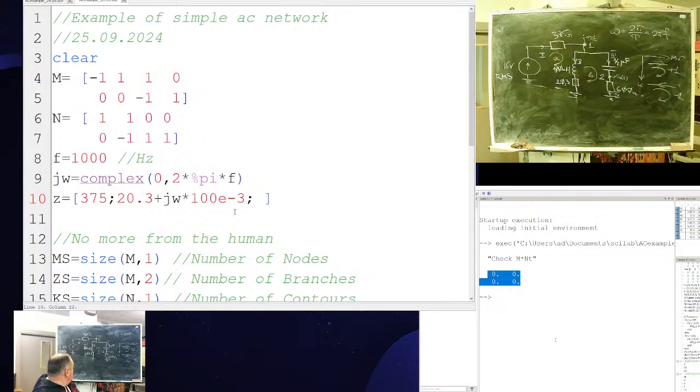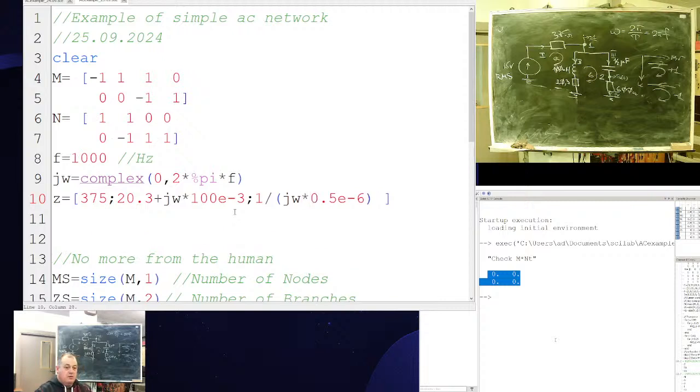Next one. What I got for the next one? 1/2 of the microfarad. 1 divided by 0.5 times 10 to the minus 6, because it's microfarad, and I think I need to multiply by frequency. Yes. Next one, 600 ohms.